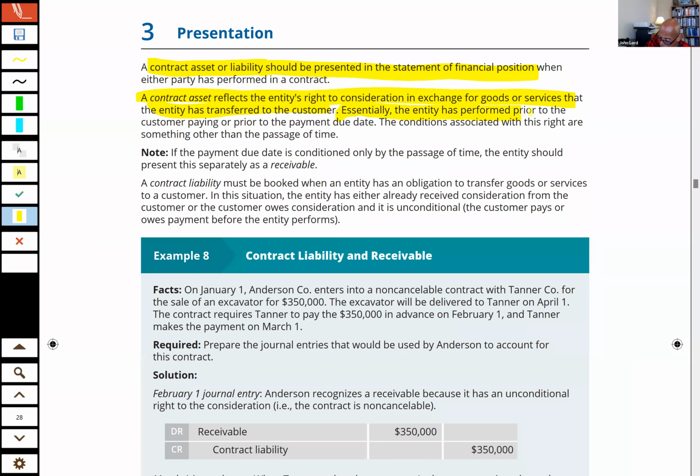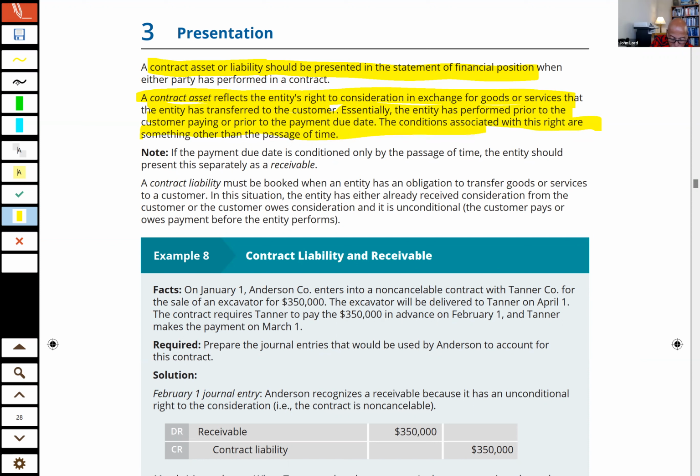Essentially, the entity has performed prior to the payment. And so the conditions associated with the right are something other than the passage of time.